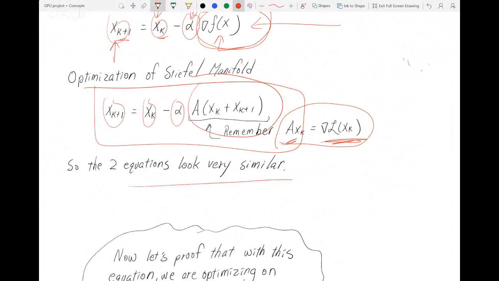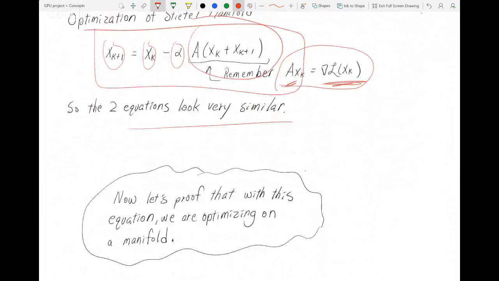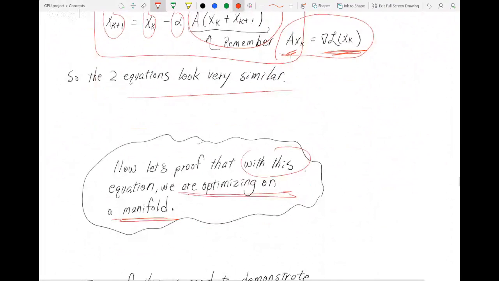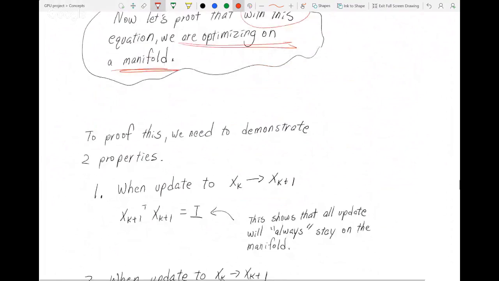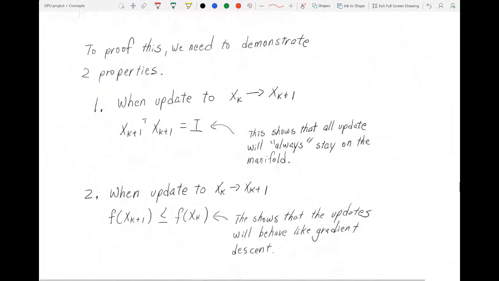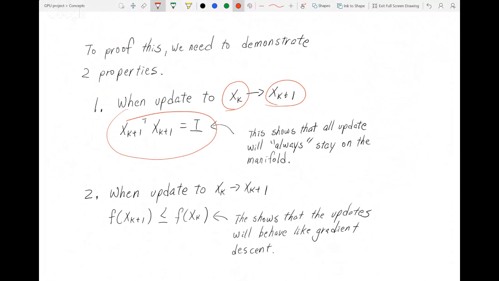But I think what would be helpful is to prove that with this equation we're actually optimizing on the manifold. Well, to prove this, we need to demonstrate two properties. The first property is that as you update from k to k plus 1, you go from one x to another, the new location still satisfies the Stiefel manifold constraint.